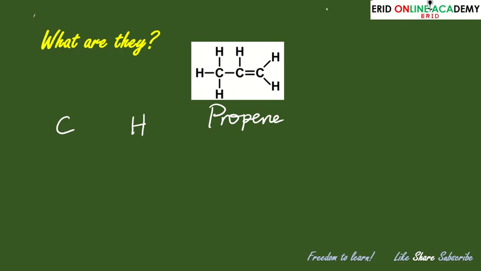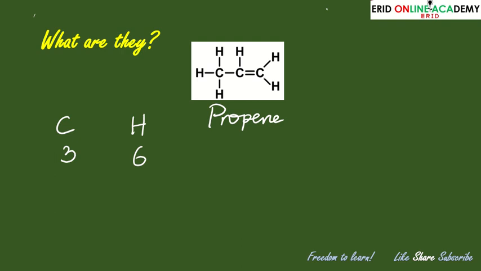So the next thing we would like to do is to count the number of carbon present. If you look at this, we have 1, 2, and 3. We have 3 carbon atoms present, and altogether we have 6 hydrogen atoms present. So we can deduce two pieces of information from this particular formula.